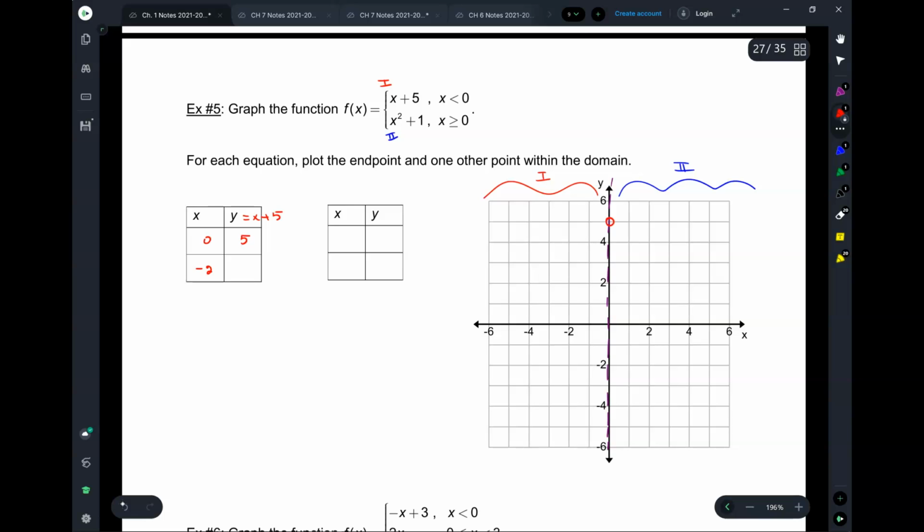I plug it in, what do I get? 3. So at -2, it's 3. At this point, there is no open circle or closed circle business. It's just a point through which your graph is going to pass. All right, so I know that that was going to be a linear graph. So I just draw that right there.